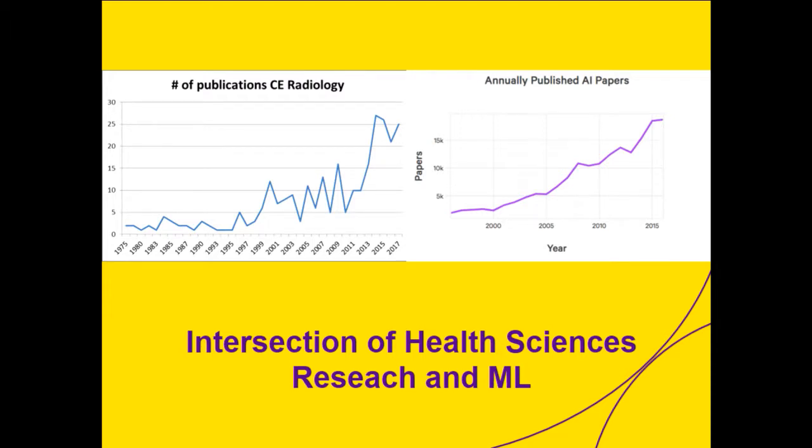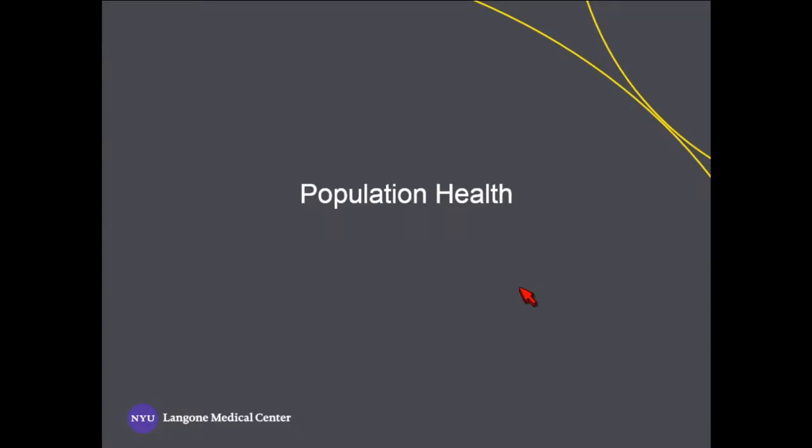So what about health sciences? Comparative effectiveness research is going up. AI interest is going up. Population health is like the flip side of personalized medicine. Somebody, I can't remember who I heard say that first, but I think that's really true.